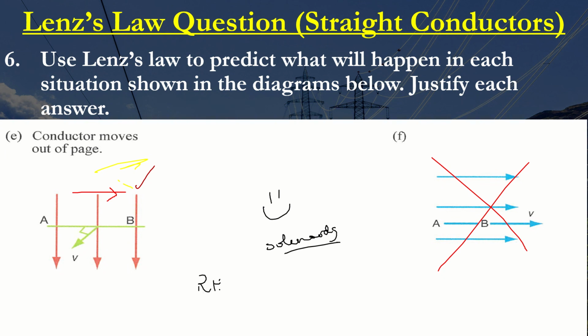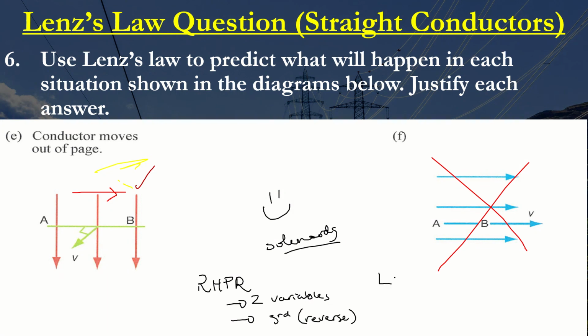Use the right hand palm rule. Always remember to use the two known variables using your right hand, and then for the third one, find it and then reverse it.